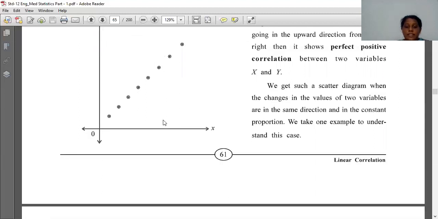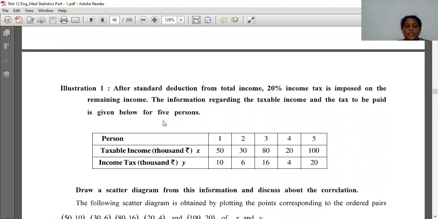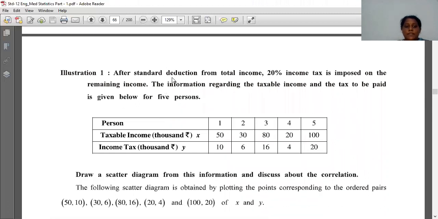Now let's see one example. See in this illustration number 1, after standard deduction from total income, 20% income tax is imposed on the remaining income. The information regarding the taxable income and the tax to be paid is given below for 5 persons.